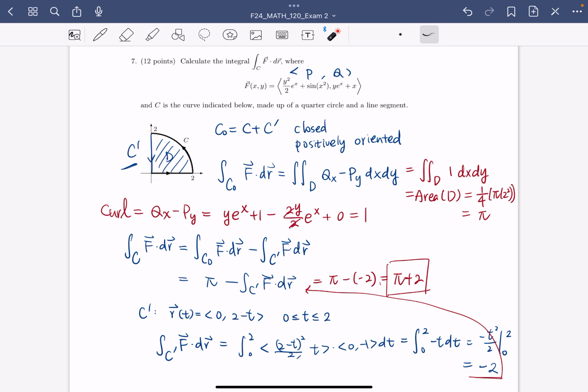Because if x is 0, we don't get the annoying term of this sine x squared or this x. We don't even have that e to the power of x because it equals 1 when x equals 0.